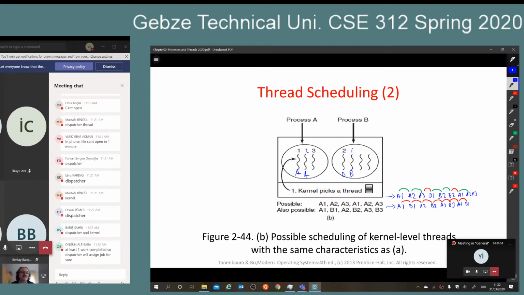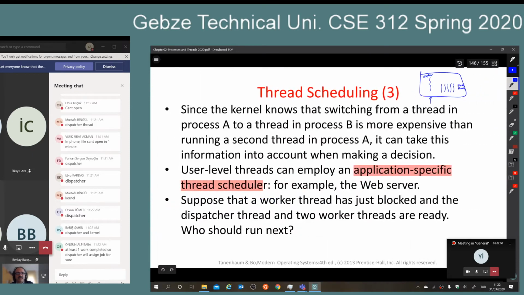So this is another advantage of user level threads. You may have your own specialized scheduler. Otherwise, if you are using the kernel level threads, you cannot have this kind of flexibility. Okay, so good. Any questions?